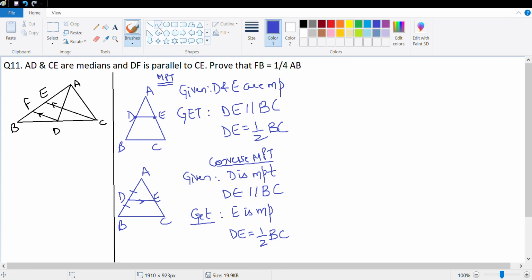And the second exercise that we've done talks about the equal intercept theorem.